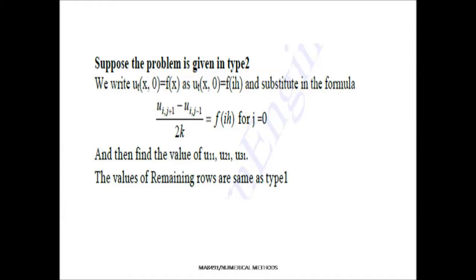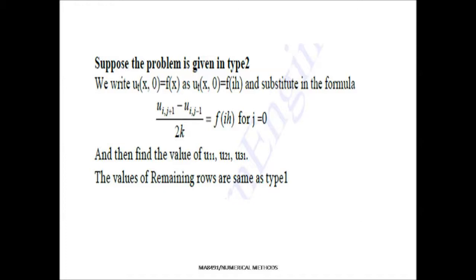Then what we will do is simply write ut(x, 0) = f(x) as f(ih) and substitute it in the formula [u(i, j+1) − u(i, j−1)]/2k = f(ih) for j = 0.